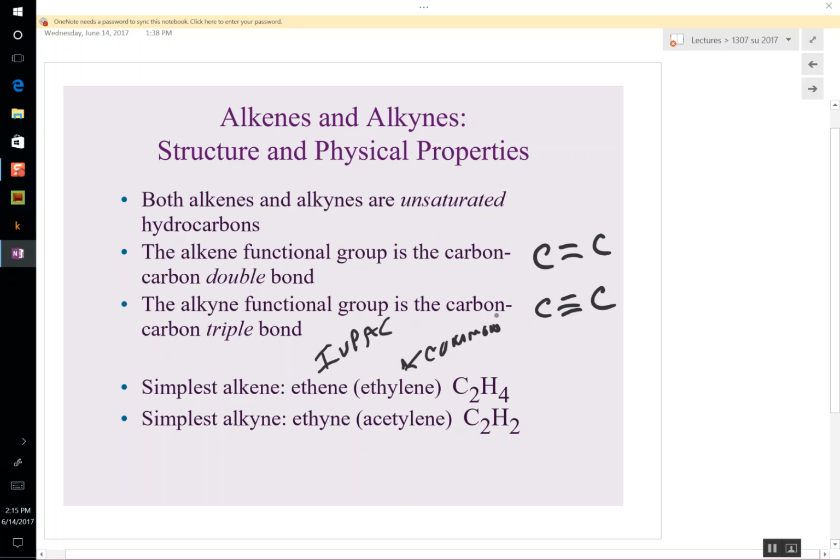Anybody ever heard of polyethylene? No? Polyethylene? Those are Ziploc baggies. They're made of polyethylene. So ethyne is the smallest alkyne.